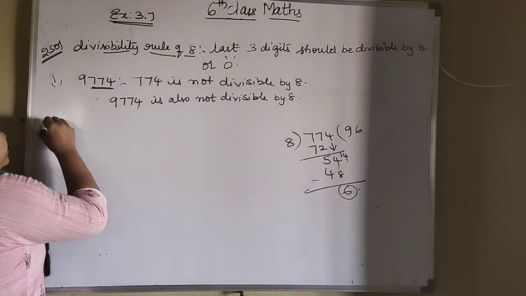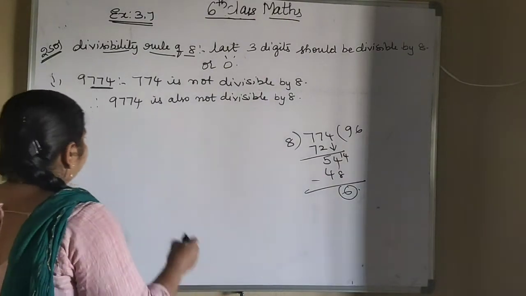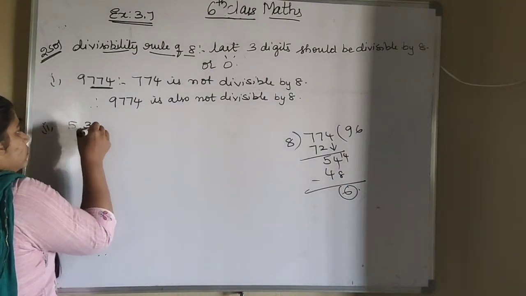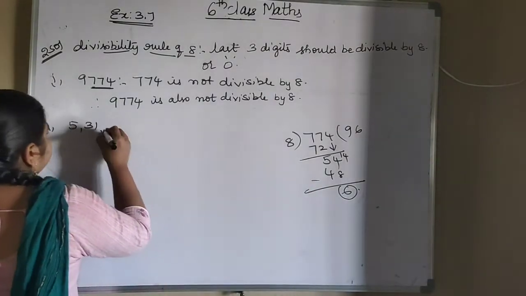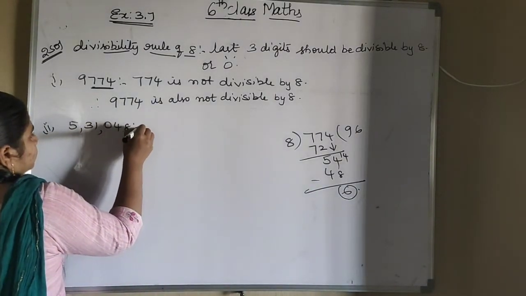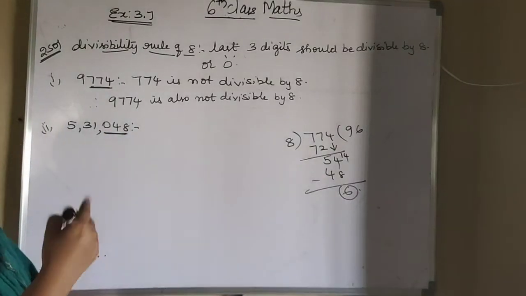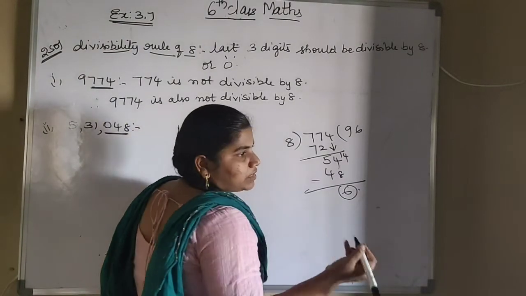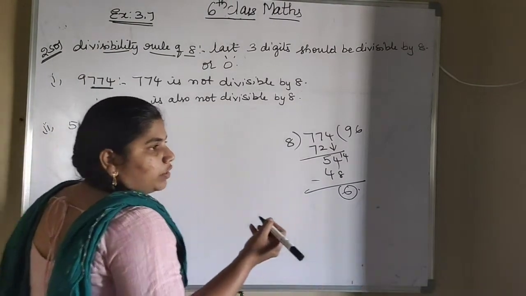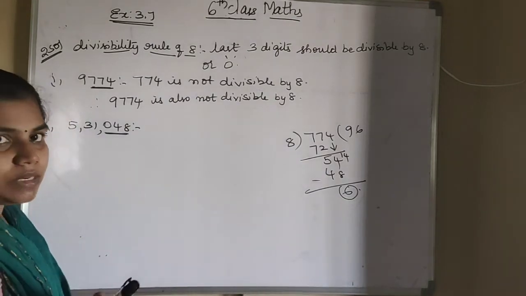Second bit. What is the second one? 531,048. If these three digits are divisible, the whole value will also be divisible. So check the last three digits. 048 is nothing but 48. 8 6s are 48, so 48 is divisible by 8.